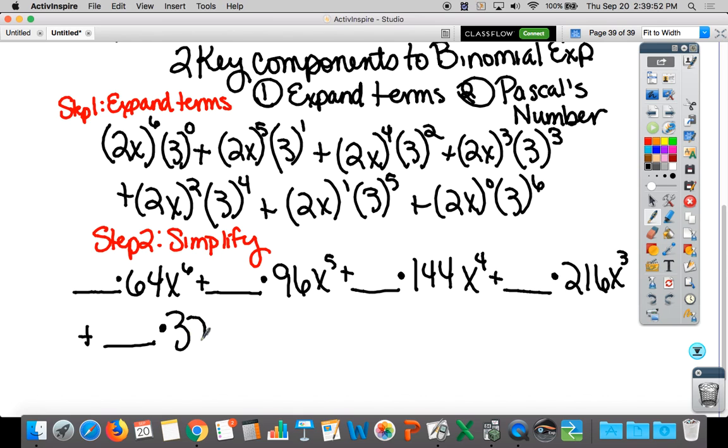That would be x squared. Okay. 2 to the 1 times 3 to the 5th. That's just x. And then the last one is 2 to the 0 times 3 to the 6th.